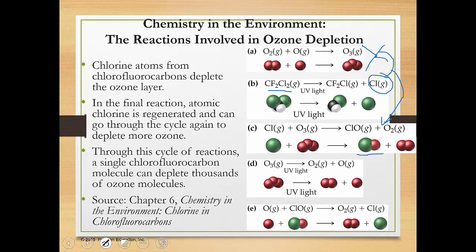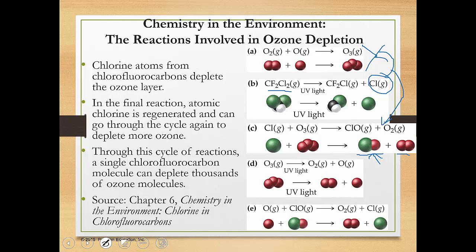It forms ClO, which is a kind of gas, and then O2 again. And then it can become difficult for that O2 to form back to ozone, because now the free radical oxygen it normally would have taken on has been bound by chlorine, and it's very difficult to pull it away from the chlorine.